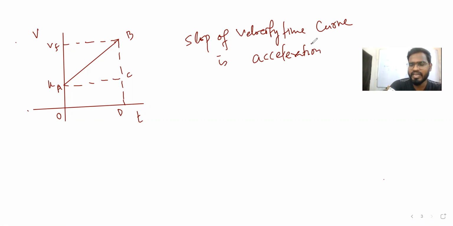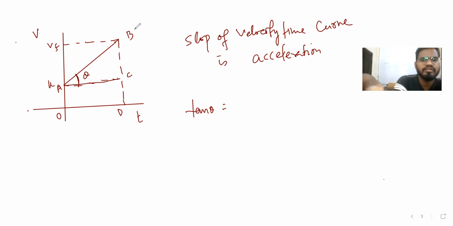Guys, we want to find acceleration. Let's take this theta. Ultimately, slope means we will have to find tan theta. Tan theta is what? Perpendicular by base. Let's consider this triangle. So BC by AC.